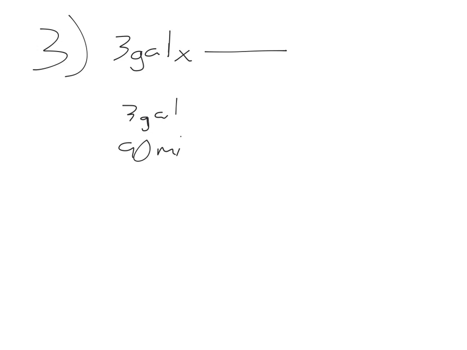So let's do this. I'm going to multiply by that conversion factor. And I have to put something on the bottom and something on the top. The something on bottom is where I go first, because it has to match this unit. If I start with gallons, then the bottom number has to be gallons to cancel out. So I'm going to put 3 gallons down here. And I know that's equal to 90 miles up top.